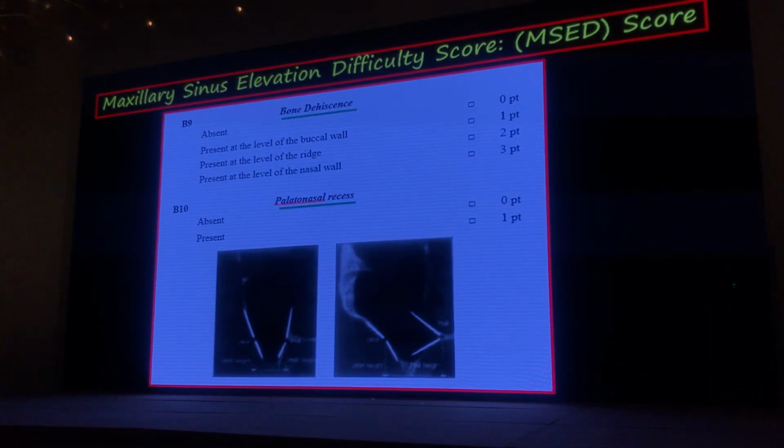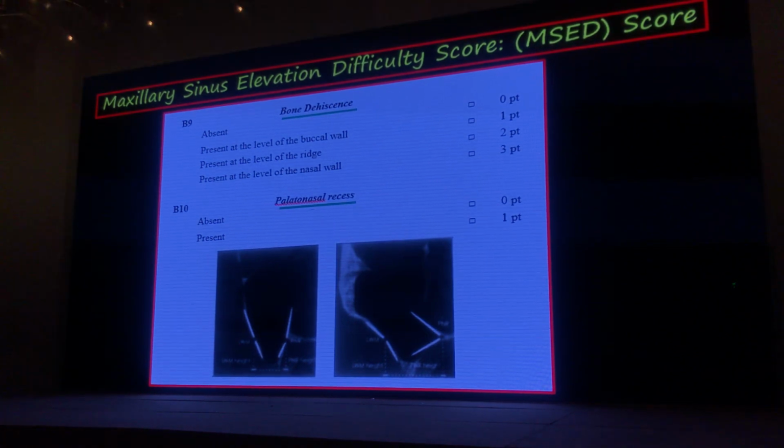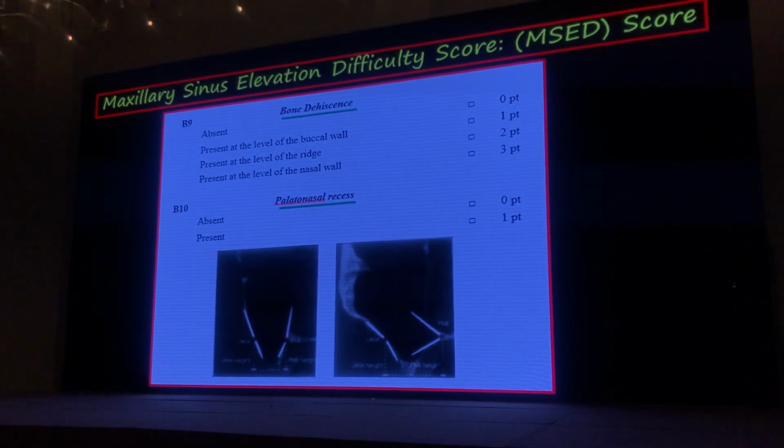On the medial wall of the sinus, sometimes you have an indentation where the alveolar crest meets the medial wall of the sinus. So the medial wall of the sinus comes down, and then the alveolar crest is here, and sometimes there's a V-shaped notch back there. And if you're trying to elevate the membrane out of that notch, you kind of get stuck in here.